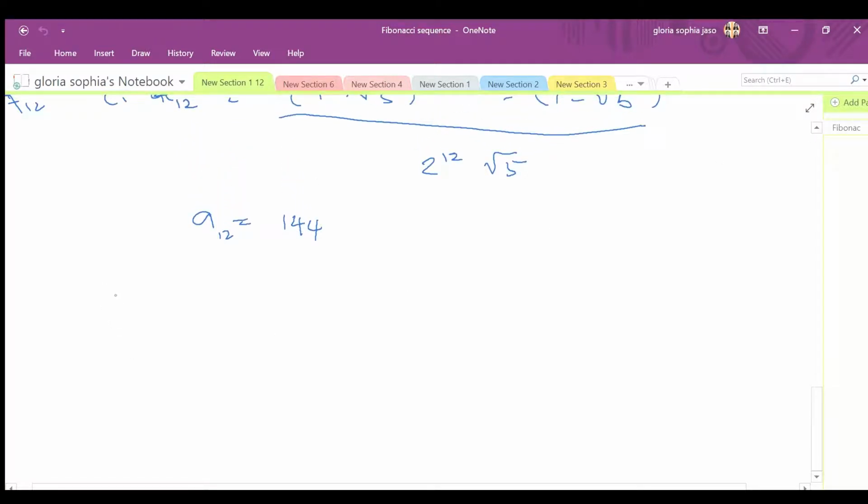Another example. So, let's find f of 18.